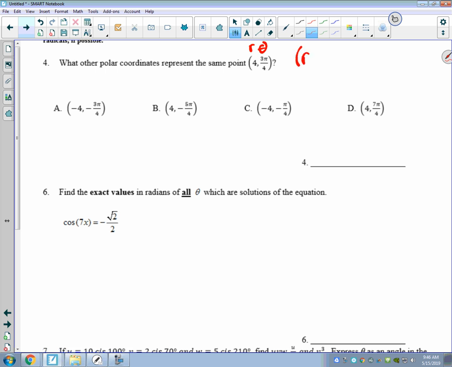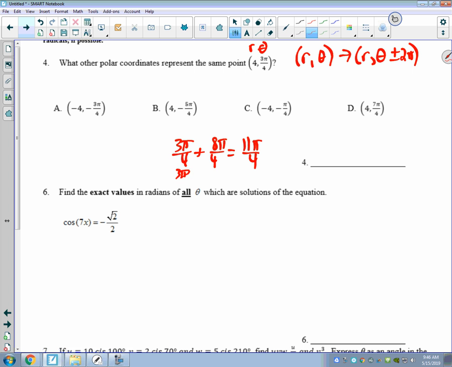Remember that if you have r, theta, and you leave r the same, you can add and subtract any multiple of 2 pi, just like with our angles, and you haven't changed anything. So I always just take this and look at it: if I added 2 pi, it would be 8 pi fourths, and that would be 11 pi fourths, but that's not up there.